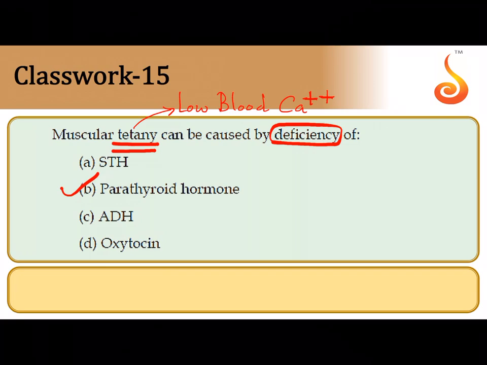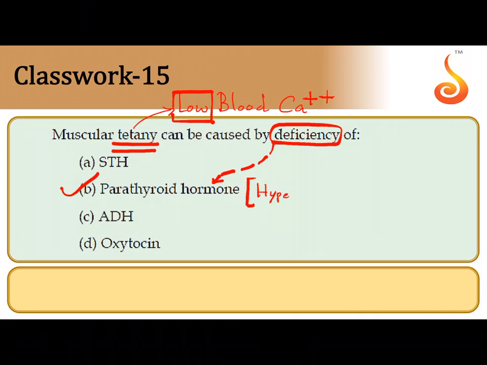The job of parathyroid hormone is to increase your blood calcium level and therefore prevent it from becoming too low. But since a person here is suffering from deficiency of parathyroid hormone, his blood calcium level will come down, and that will cause a condition called tetany. So parathyroid hormone, which keeps your blood calcium level high, is referred to as the hypercalcemic hormone.